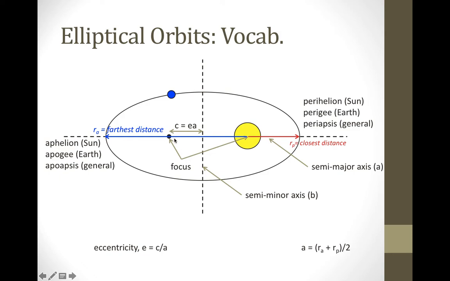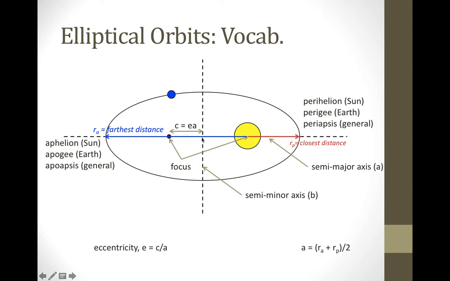So for example, one way to draw an ellipse is you put a pin right here, put a pin right there, and take a string and wrap a string around here and simply circle around and you will make an ellipse. So here's one focus, here's the other focus. The central object is at one of them, one of the foci.